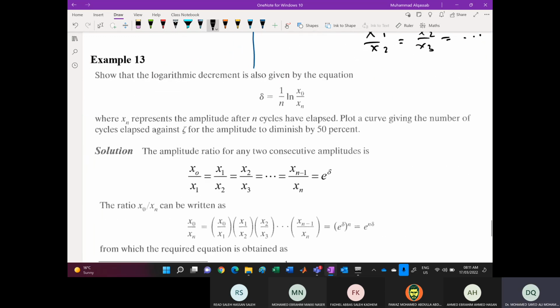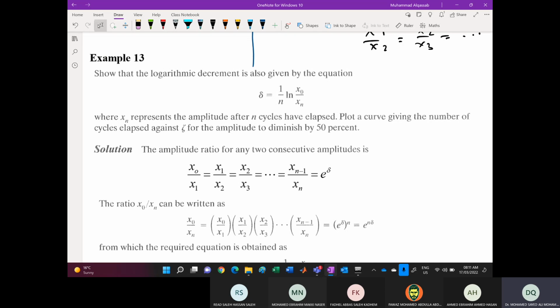Okay, example 13 shows that the logarithmic decrement is also given by the equation delta equal to 1 over n ln x0 over xn, where xn represents the amplitude after n cycles have elapsed. Okay, this is part of the question. The second part: plot a curve giving the number of cycles elapsed against zeta for the amplitude to diminish by 50%.